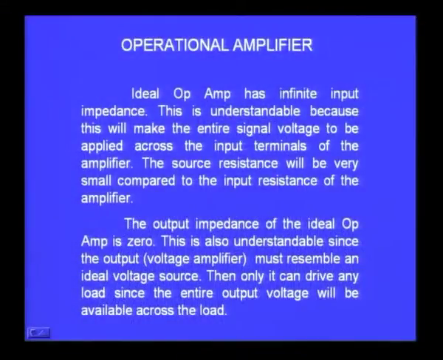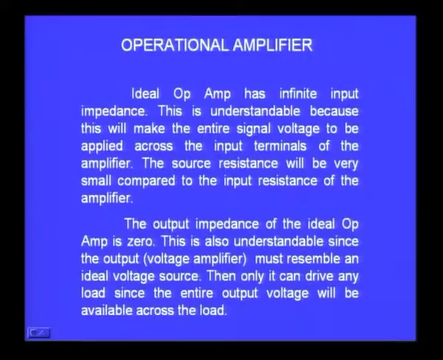This is also understandable because the output of an amplifier is used to drive a load. When you want to drive a load, your amplifier output now becomes a source, and therefore the source impedance should be minimum, then only will the entire voltage be across the load.